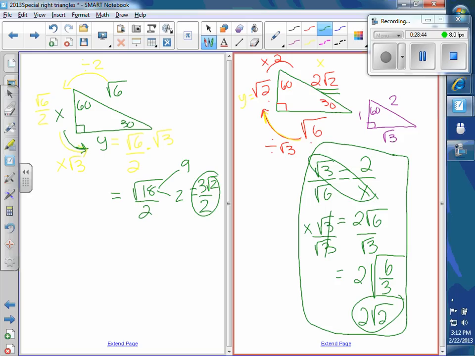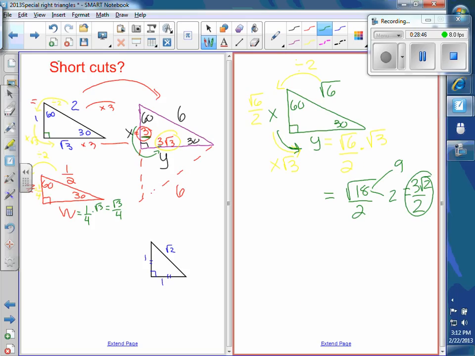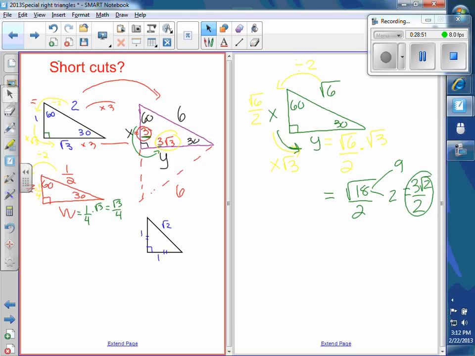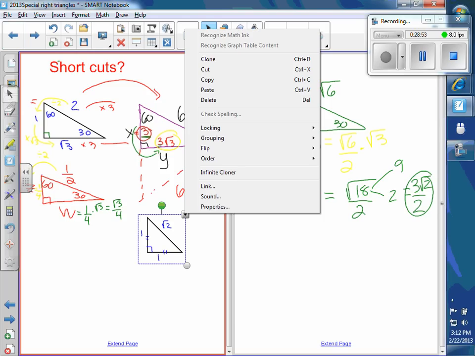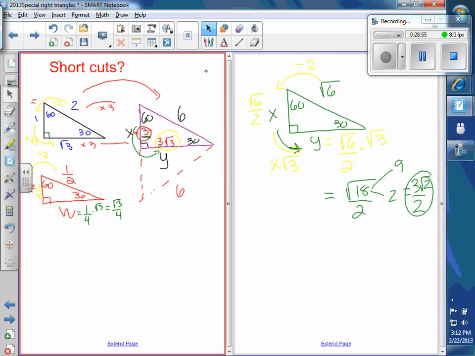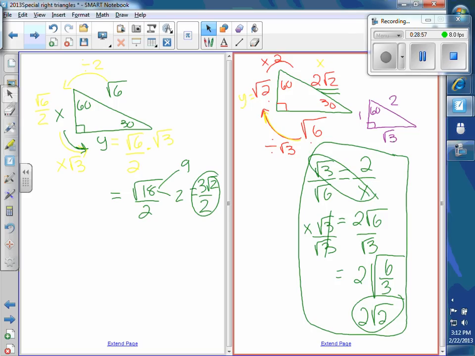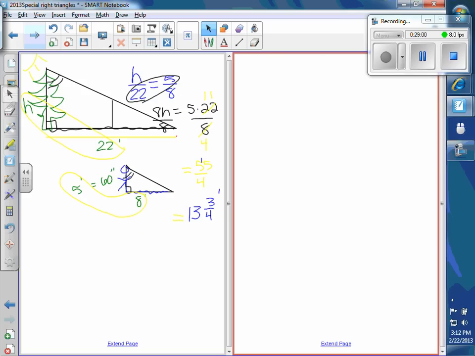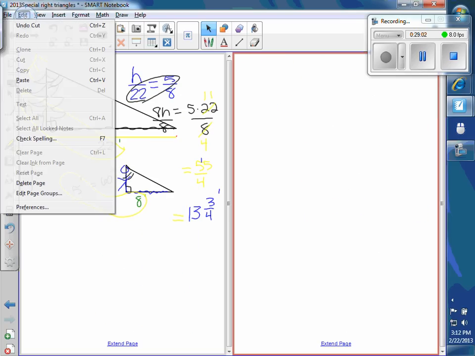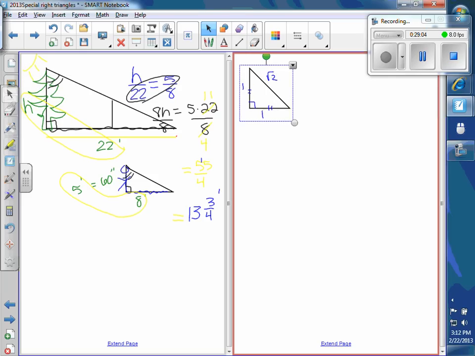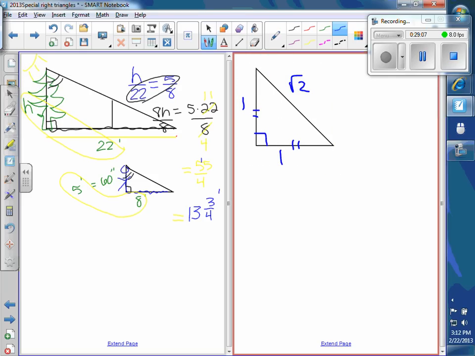The 45, 45, 90, that's actually so much easier. So if I take this problem here, let's cut it and put it on a new page. It's so much easier to do any one of these. If I have a triangle here, and we'll start easy, if this is 6, this is 6 root 2.